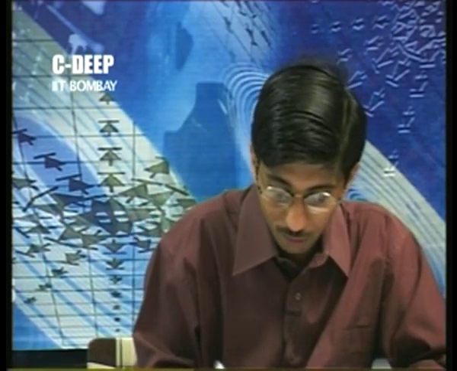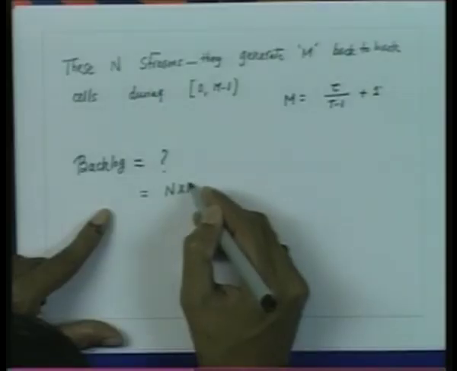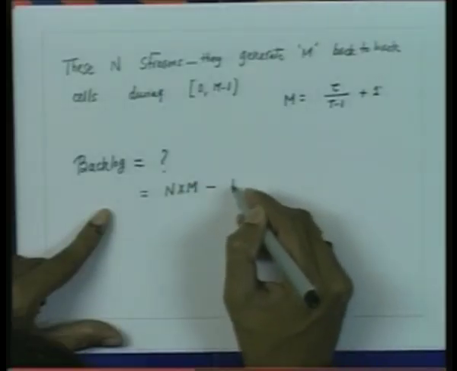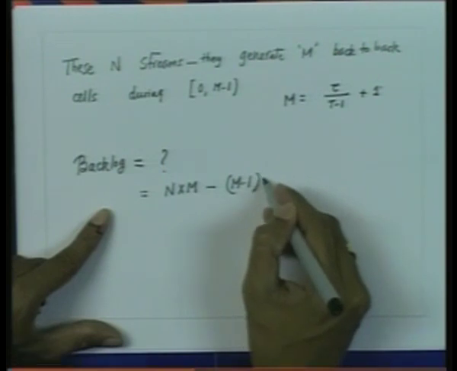How many cells have been transmitted during the interval 0 to m minus 1 by the transmitter? The transmitter is transmitting C cells per unit of time. So the transmitter has transmitted m minus 1 into C. Therefore, the backlog is n cross m minus m minus 1 into C.